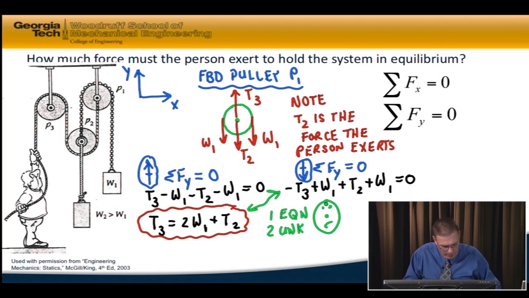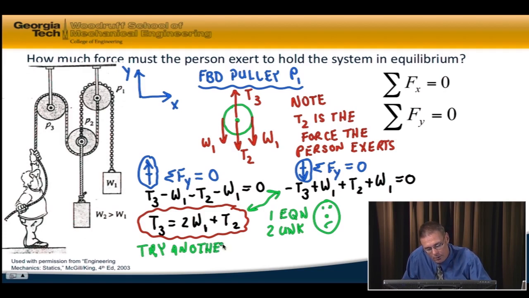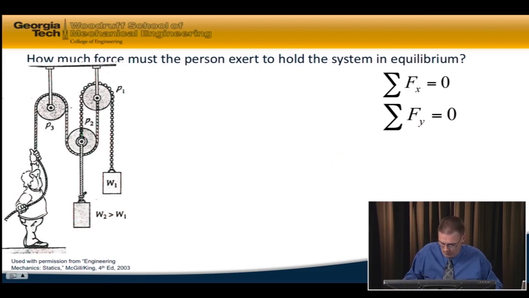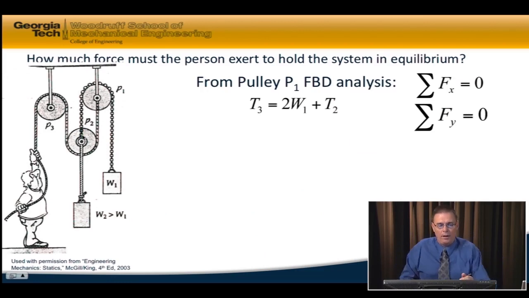Okay, once you've thought about that, what you need to do in this case is, every piece of this system has to be in equilibrium. Let's take another piece and draw another free body diagram. The one I'll choose next is pulley P2. At the top here, I've written my analysis from pulley P1.